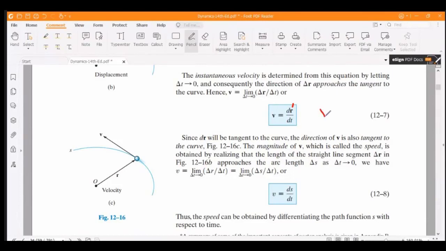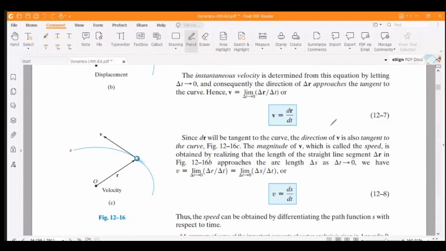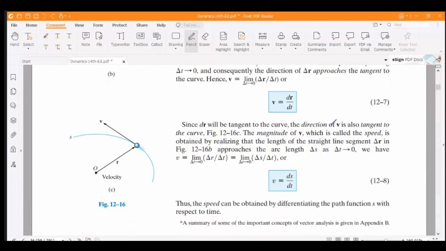In mathematics, we write it like that, as a vector. If you put this sign on top of any character, we consider that it is a vector quantity. That is the technique.